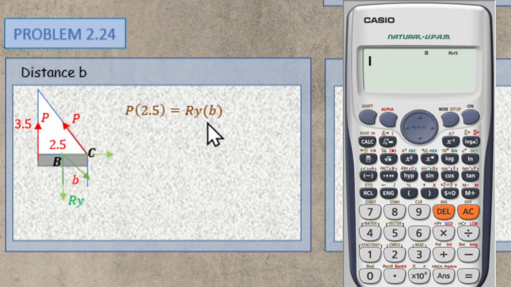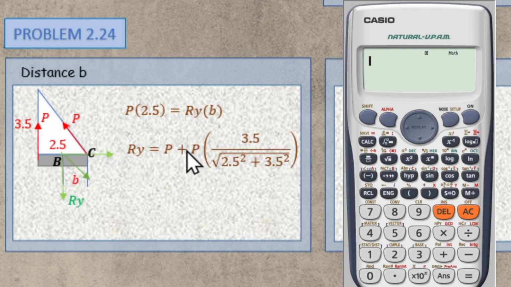But what is our Ry? Ry will be positive P, so P plus P times sine theta. So what is our sine theta? Our sine theta is the opposite side, 3.5, over the hypotenuse, the square root of 2.5 squared plus 3.5 squared.